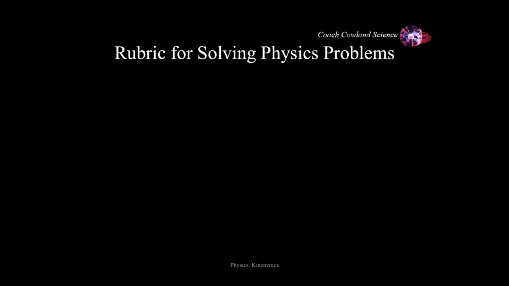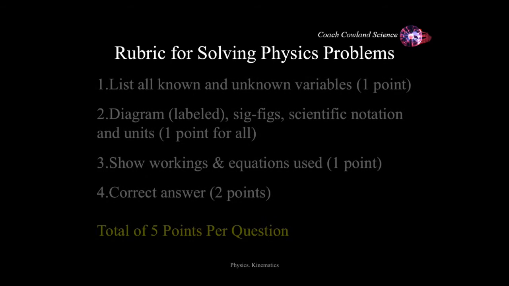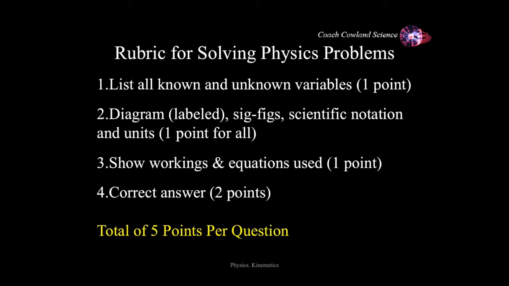When we are doing mathematics-based problems, I have a rubric and I follow it very closely. It's important that you know what's on it and you understand how to get full marks for each problem. There are 5 parts to it, and here they are. So the first part is to look at a physics problem and to list all of your bits of information. That's worth 1 point.